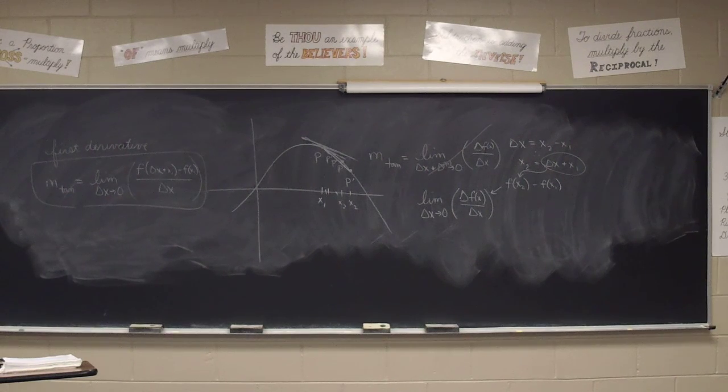That's our first derivative equation. The limit as delta x approaches 0 for f of delta x plus x1 minus f of x1 all over delta x.